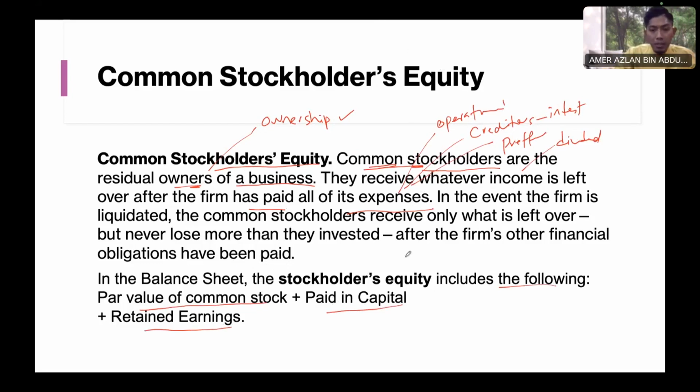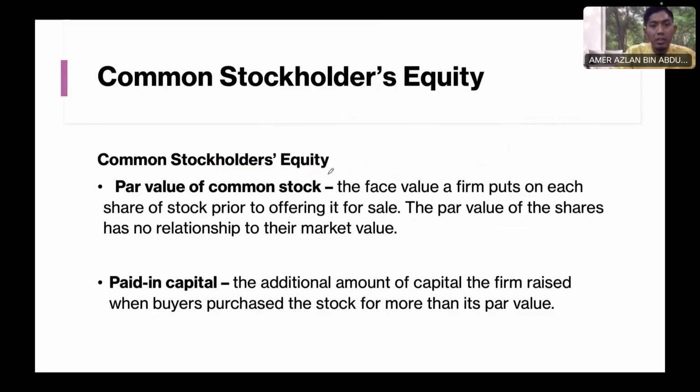Speaking of stockholders' equity, actually it can be separated into two. The first one is par value of common stock. The second one is paid-in capital. Again, let me repeat.